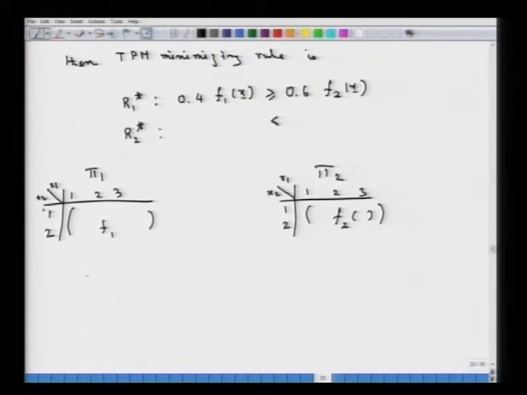Now, from here, if this is the F1 F2 table, what we will obtain is 0.4 times the F1 table, which would be derived from this particular F1 table. So, each of the cell probabilities would now be multiplied by 0.4, and we will have these entries coming here.